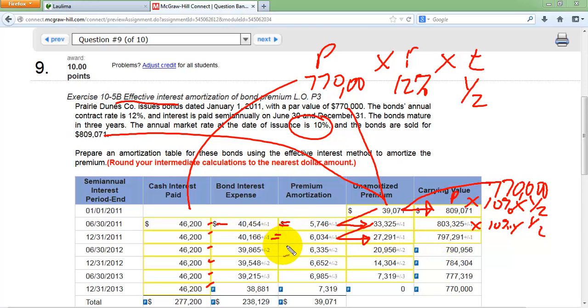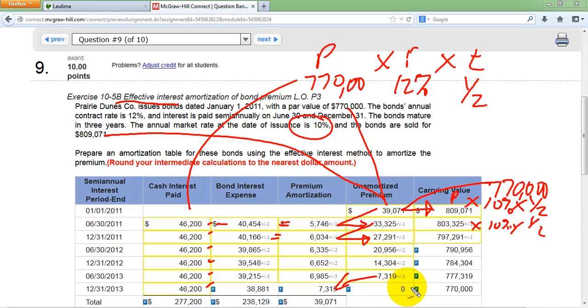So as you can see, you keep on following the same pattern all the way up to this last 6th period, where you have to zero out this column. So all you're doing is just taking this amount here and saying that's your amortization to get 0 left over.